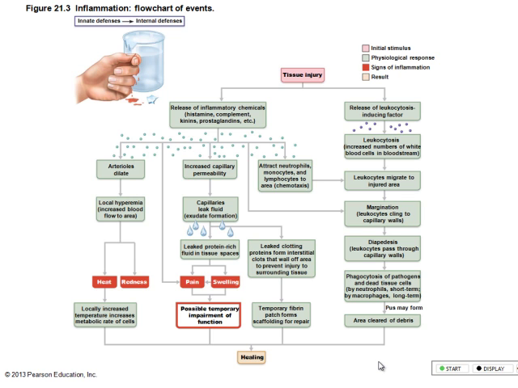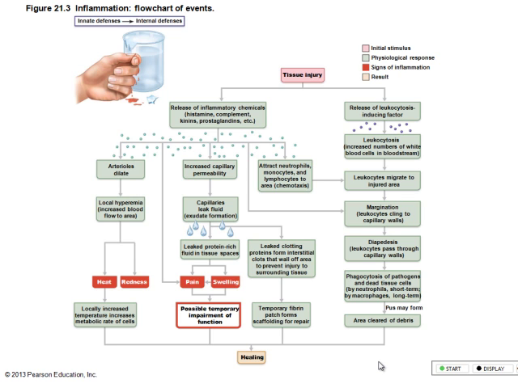The other thing that's going to allow cells to get to the area is increased capillary permeability. What the heck does that mean? And that's what causes inflammation, yep. Because what's going to happen when I increase capillary permeability, I can leak more fluid out of them. Fluid's going to build up in that area.